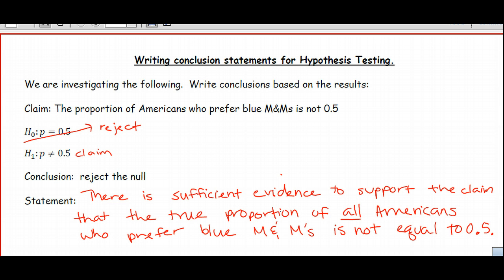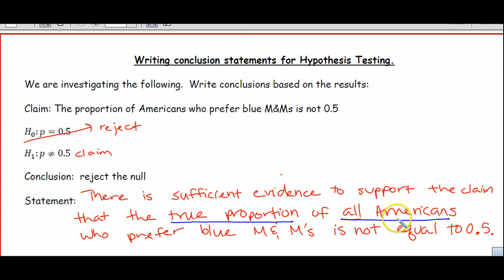So let's look at a couple things here. You should always say there is sufficient evidence or there is not sufficient evidence, or you can say enough. There is enough evidence or there's not enough evidence to support the claim that the true proportion, you should say the true proportion, because we're doing a sample, we're making an inference on the whole population of all Americans.